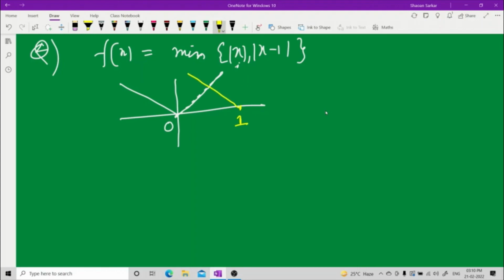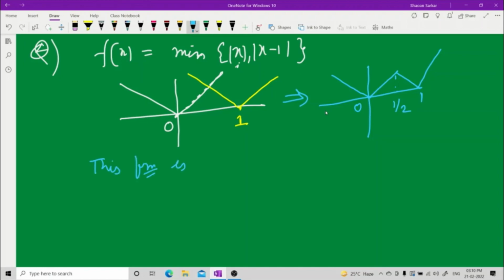This will go like this. Now this will give you a resultant function like this. You will have this, this, and then this. So 0 and 1, and this point is always at half, the midpoint. So this total function is the minimum. Keep this in your mind.